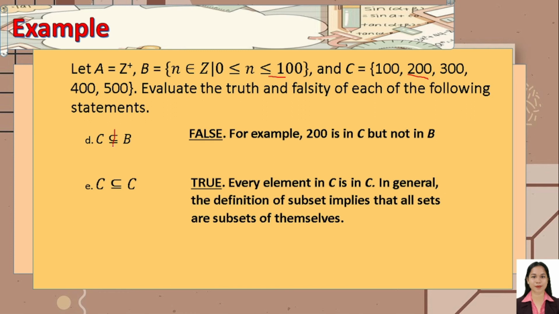Because every element of C is in C. In general, the definition of subset implies that all sets are subsets of themselves. So C is a subset of C, B is a subset of B, and A is a subset of A. All of those are true, because all sets are subsets of themselves.